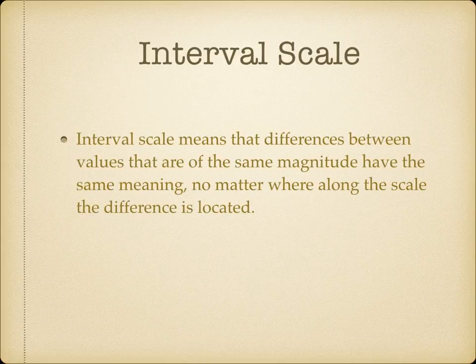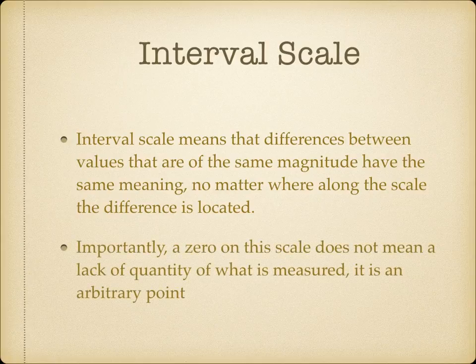An interval scale is one where differences between values have the same magnitude. They have meaning, and no matter where along the scale you are, that meaning is going to stay the same. But you don't have a 0 on the scale, at least one that means literally the lack of the quantity being measured. It's an arbitrary point. One of our most common interval scales, of course, is our temperature scales. 0 degrees Fahrenheit is cold, but it's not the absence of any heat in the air, or whatever other substance you might be measuring.